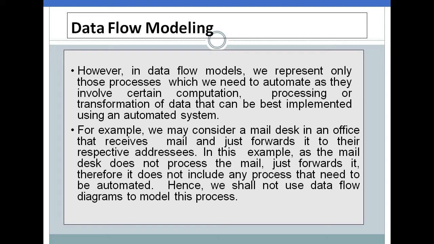For example, consider a mail desk in an office which receives mail and just forwards it to the respective addresses. The mail desk does not process the mail, just forwards it. Therefore, it does not include any process that needs to be automated. Hence, we shall not use data flow diagrams to model such processes.